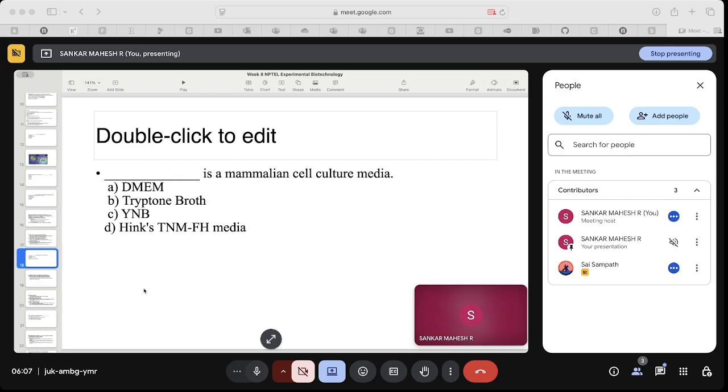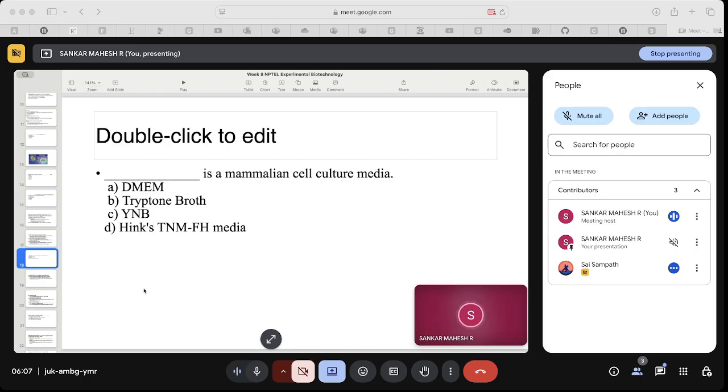So, what is this fetal bovine serum? Do you have any idea? Is it a protein, or what role could fetal bovine serum play? It provides growth factors, hormones. Yes.